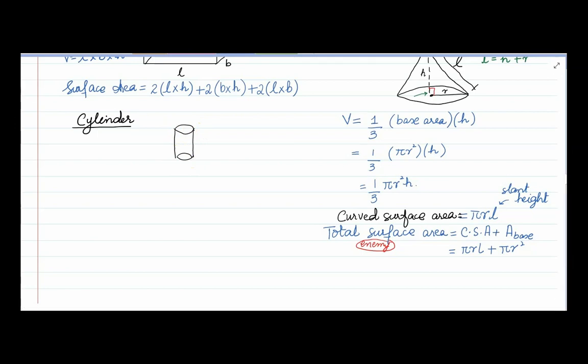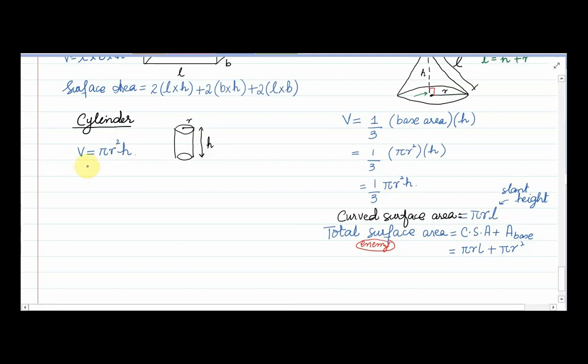You can visualize it, right? So first thing about the front part, that means volume. If I highlight the length, so that is radius, that is height. Now the volume is pi r square h. That is the volume of cylinder.